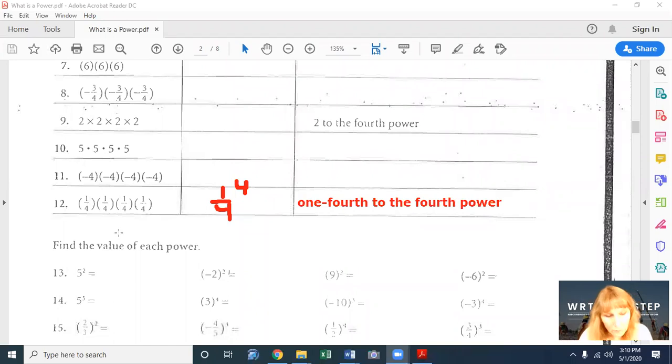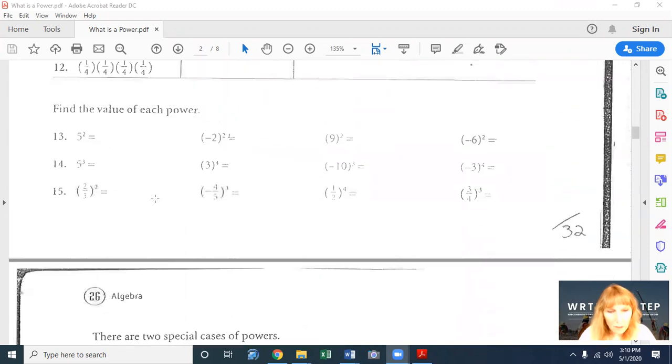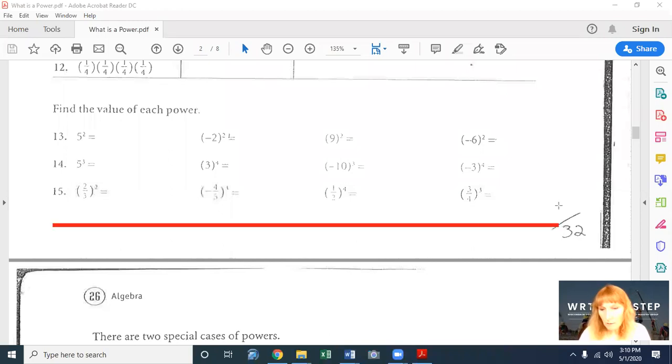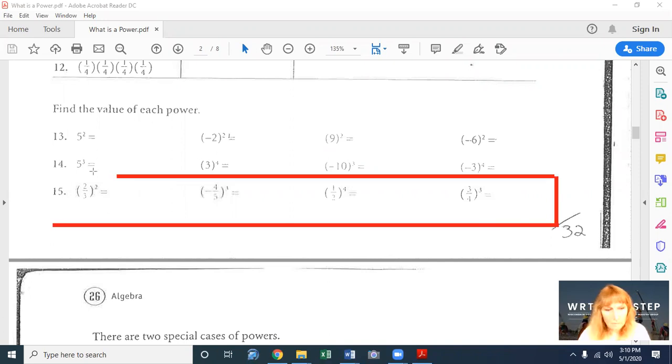Let's look at row 15. So I'm going to clear this now and scroll up again. Row 15 here, draw a line under it. I'm going to do this row right here. So find the value of each power. 2/3 to the second power.